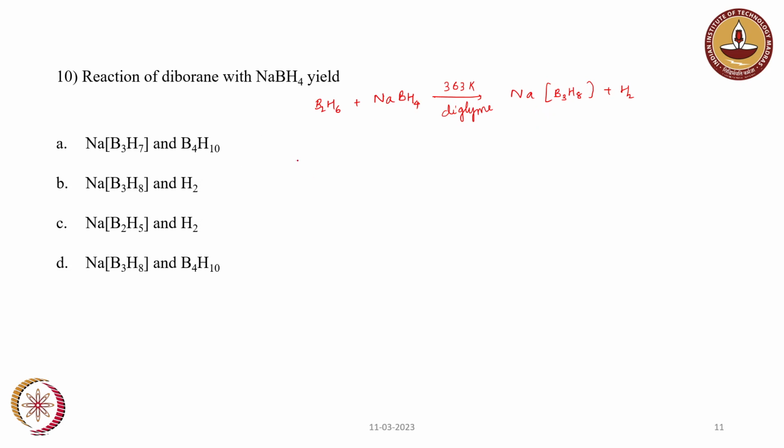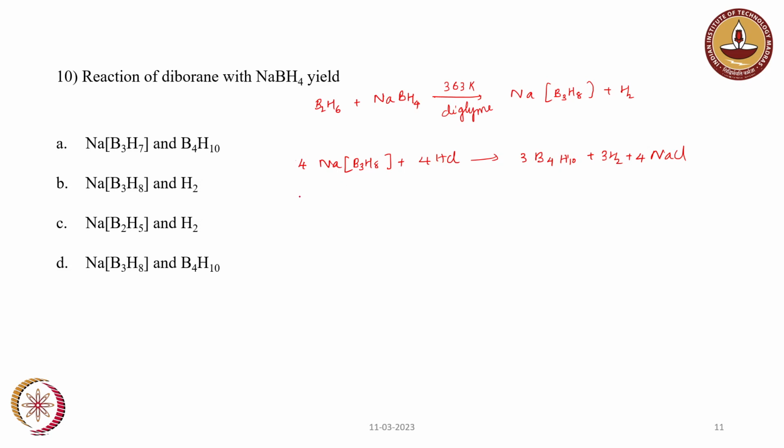So if you use 4NaB3H8 and react with 4HCl, it will give 3B4H10 and 3H2 plus 4NaCl. So if you want to synthesize B4H10, we can react NaB3H8 with HCl.